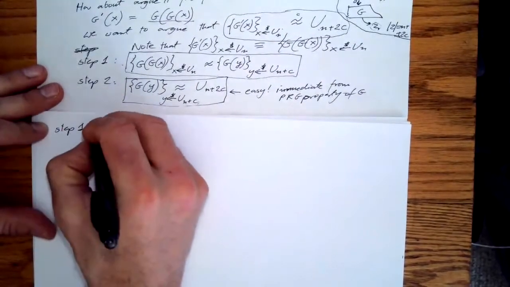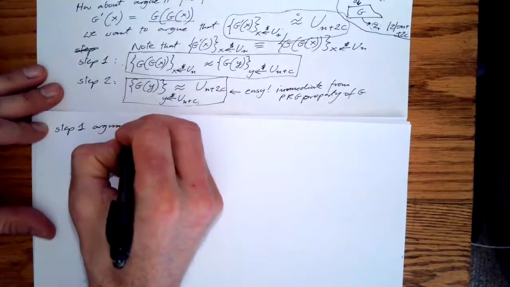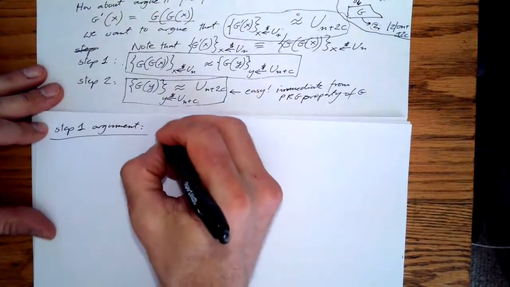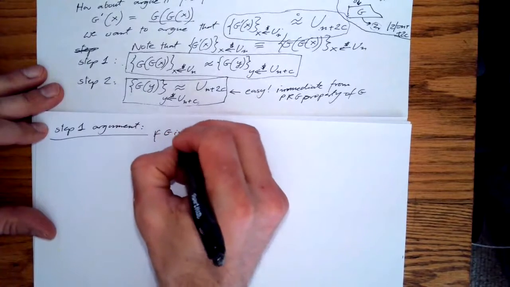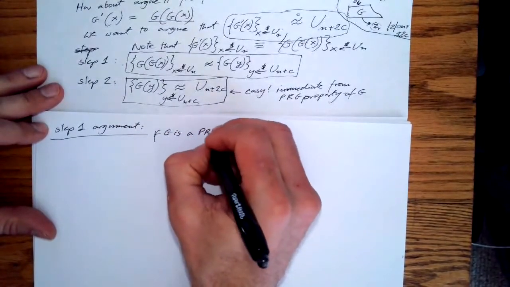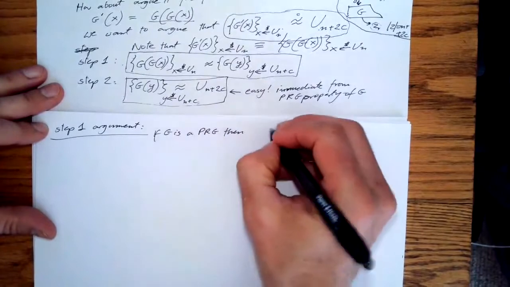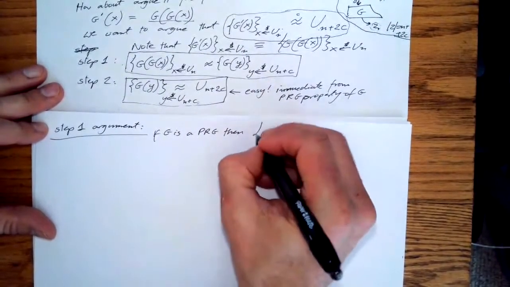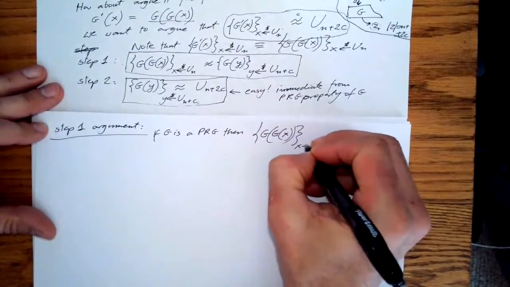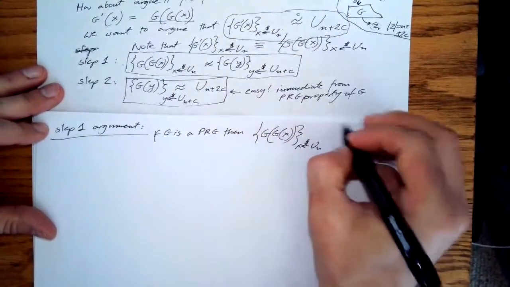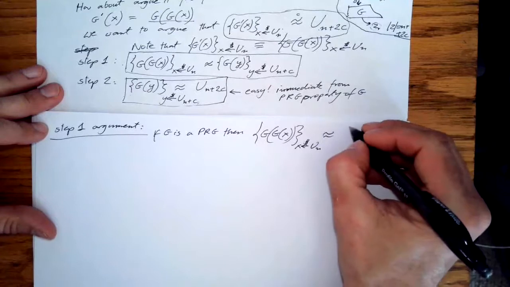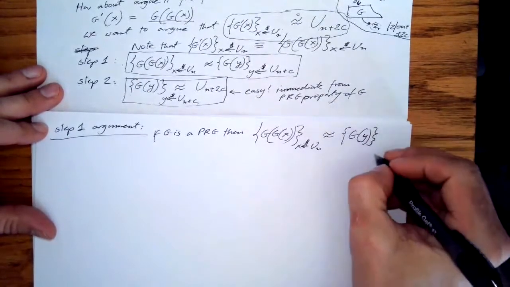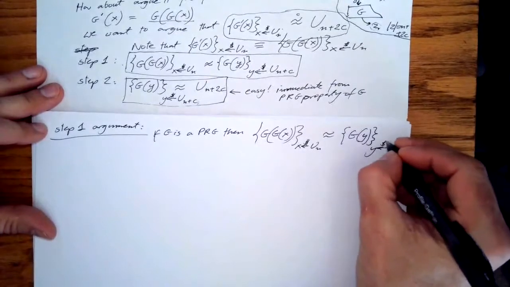Step 1 argument. The argument is that if G is PRG, then doing the real G prime construction is indistinguishable from doing this round reduced, cheated, simplified construction.